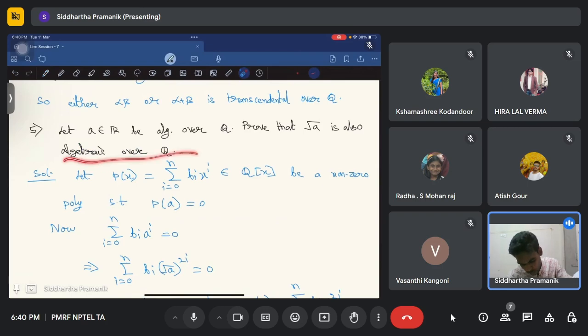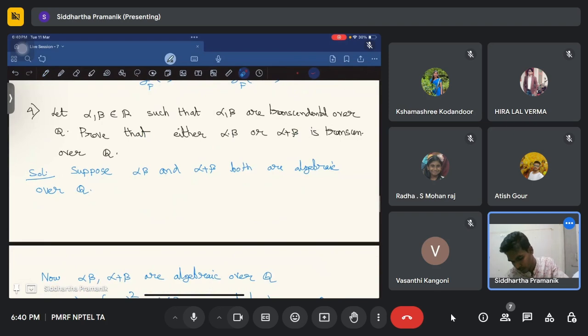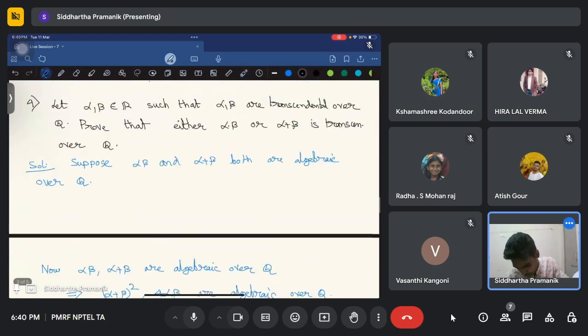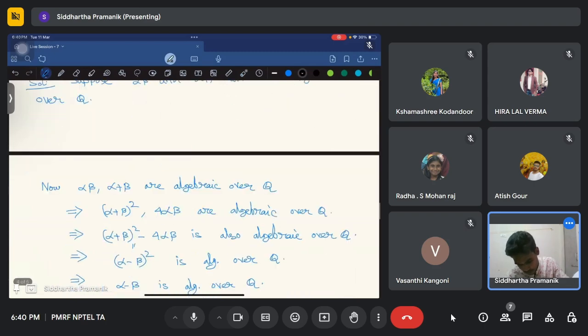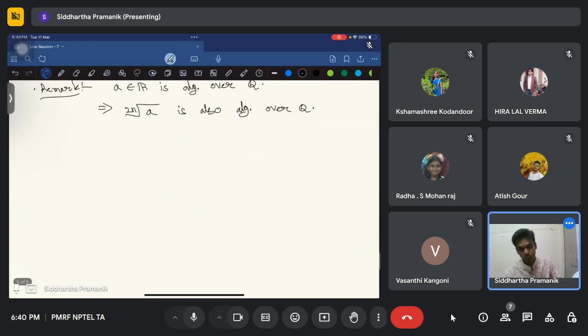So this fact which we have used in the earlier problem, now that should be clear for you. But still, if you have any doubt, just feel free to ask. Okay.